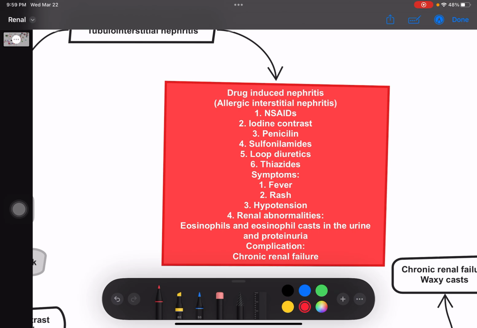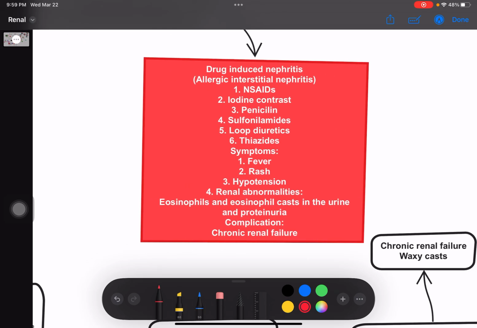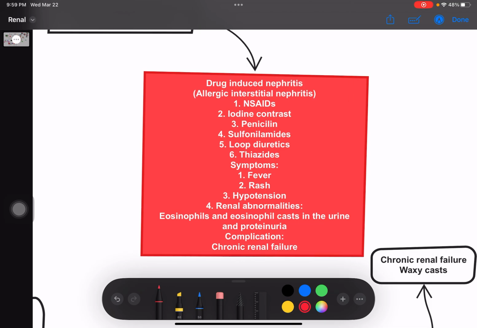Symptoms include the typical allergic symptoms such as fever, rash, and hypertension. In the kidney, there are renal abnormalities such as eosinophils and eosinophil casts in the urine, and also proteinuria due to the kidney damage. As a complication, this can lead to chronic renal failure.